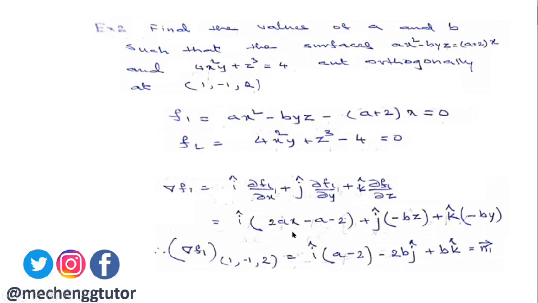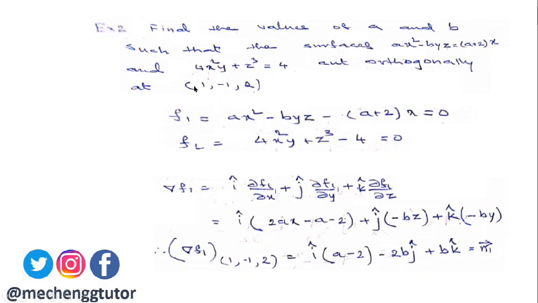So i into f1 with respect to x is 2ax, then here minus a plus 2 into derivative of x becomes 1, so I have opened up the bracket, minus a minus 2, plus j into f1 with respect to y, minus bz, I have written plus k into dou f1 by dou z. Dou z means here only you get minus by. These two will become 0.